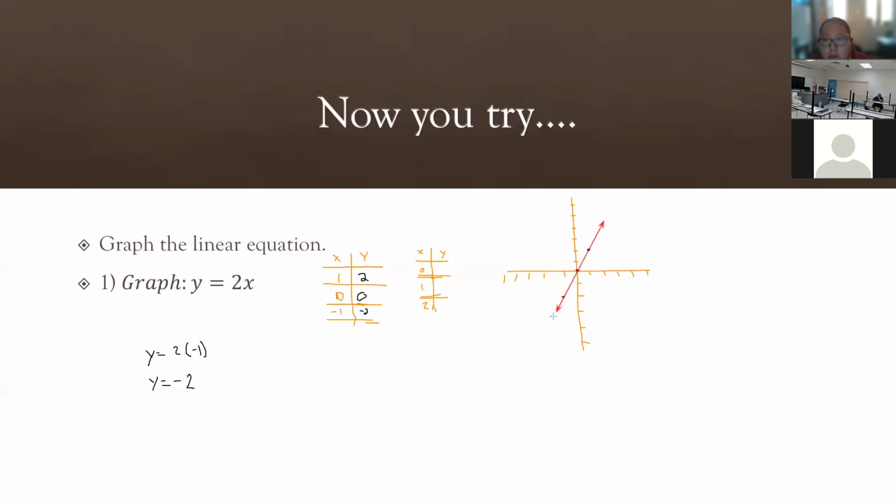Here to here. There is our line. So y equals 2x is represented by this line here.